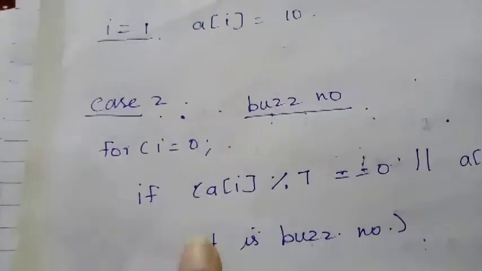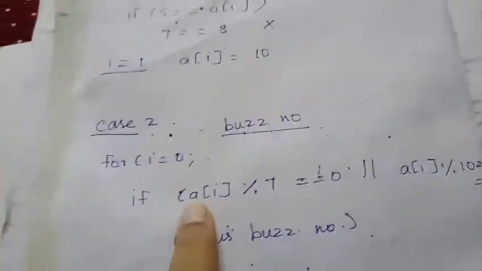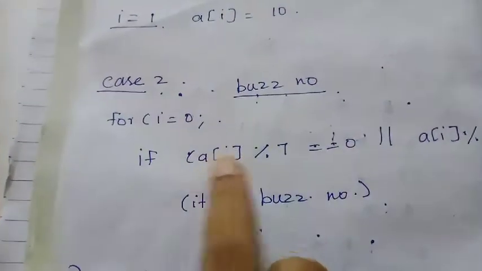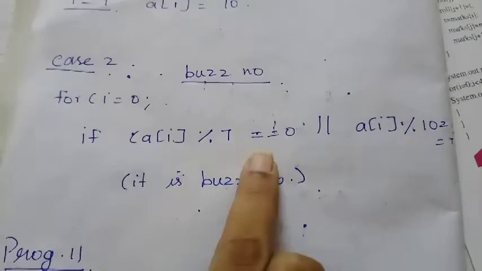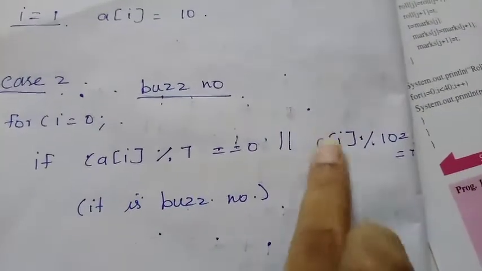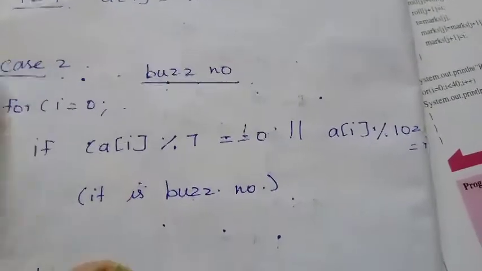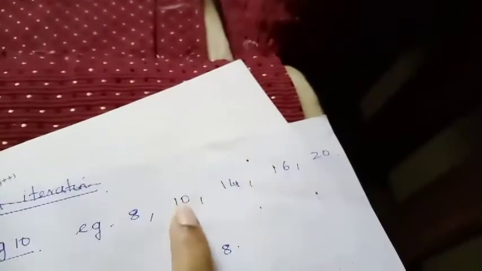Okay, with the same example I explained here. For example, if i is equal to 0, so a of i is what? 8 here. Okay, 8 mod 7 is equal to 0? No, it is not divisible, and 8 surely does not have 7 either. So it is not a bus number. See here, for the third iteration it is taking 14.